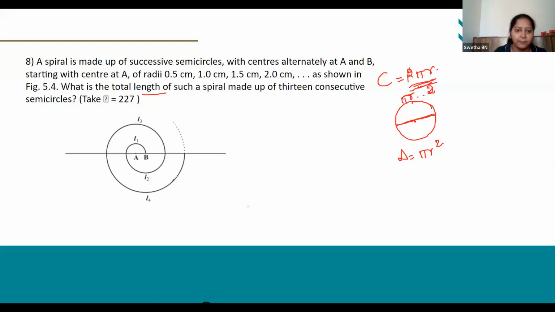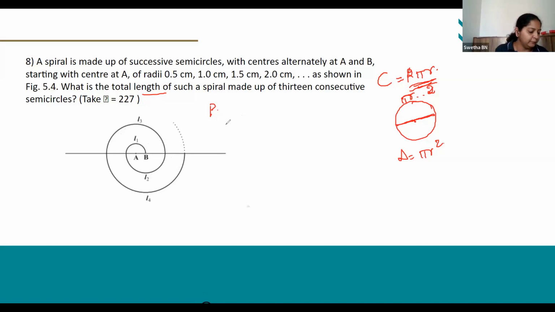Okay, let us do the sum. So perimeter. See, total length means you have to find the sum of the perimeters of semicircles. See, this is half perimeter of a semicircle, and from here to here you are finding the perimeters of all the semicircles.